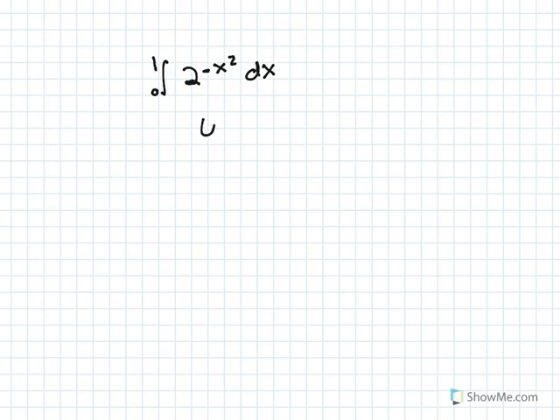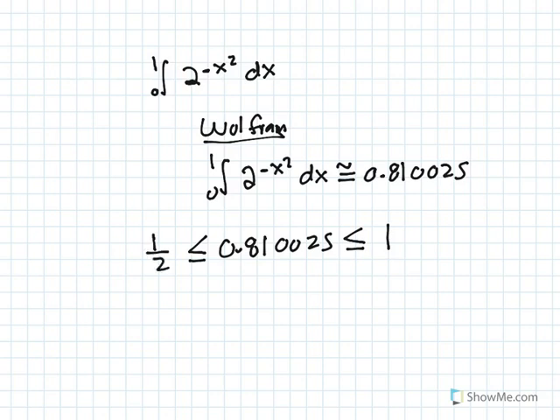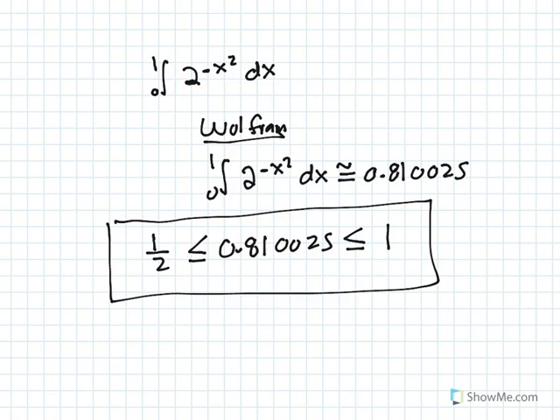But if you give this to Wolfram Alpha or computer software to give a very accurate estimation for the value of this definite integral, this comes out to approximately 0.810025. And you will see that it's actually between the upper bound and the lower bound that we found earlier. So 0.81 is less than 1 and larger or equal to 1/2. So this is an example of estimating a definite integral. All right, thanks.